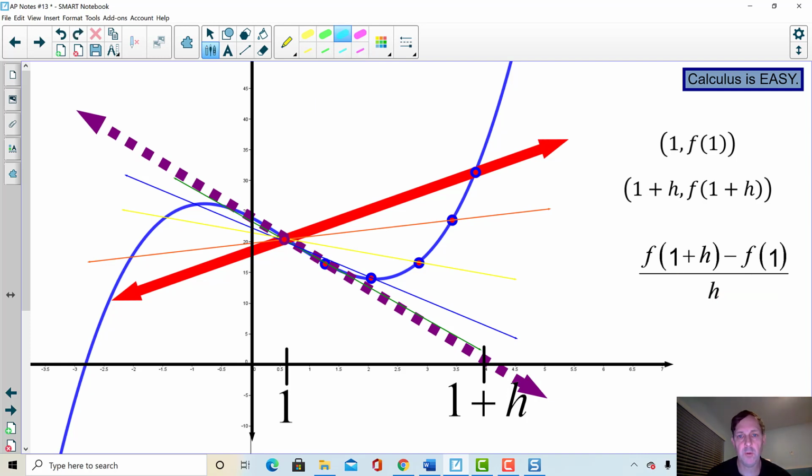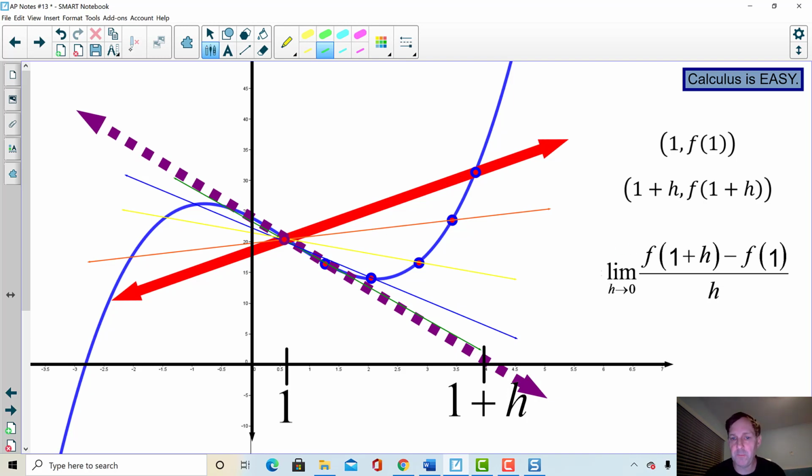Again, this is only the slope of that red secant line, so to find out what the slope of that purple tangent line is, we're going to need to do the limit as h goes to 0, and that'll allow this point to get closer and closer and closer to that left point. If we do that, then the slope of this secant line is going to get closer and closer and closer to the slope of the tangent line. So we put the limit in front of it.